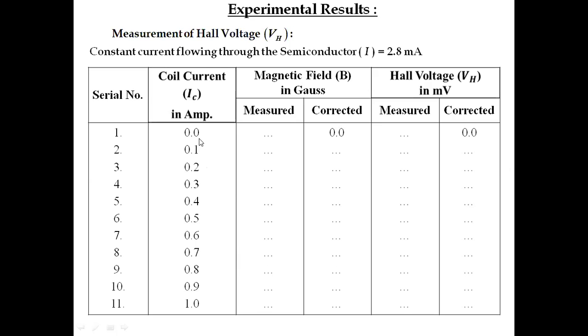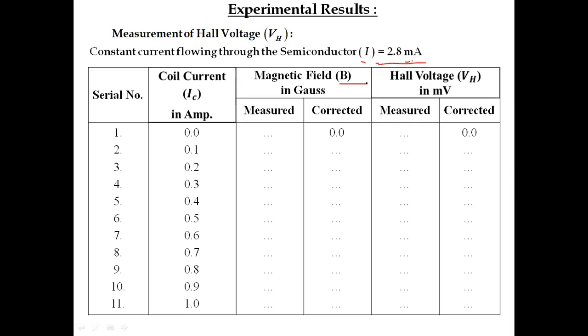Similarly, for 0 coil current, you are getting some Hall voltage VH. Again, when we discussed the theory, I told you that to observe the Hall effect, you require both the magnetic field and the current through the semiconductor. That means you require the coil current, the current through the semiconductor, and the magnetic field.